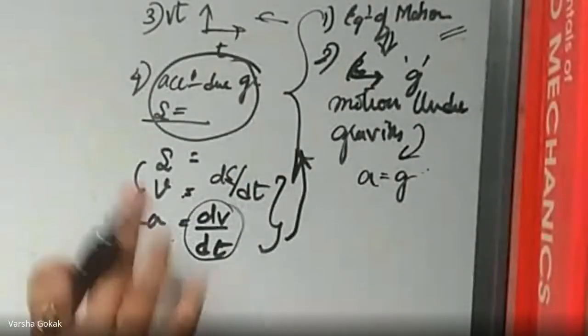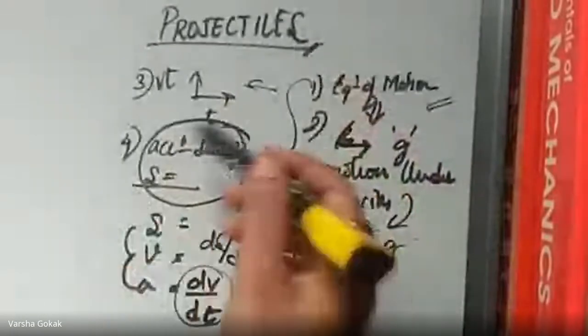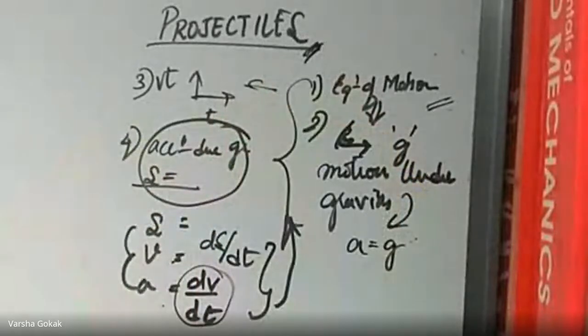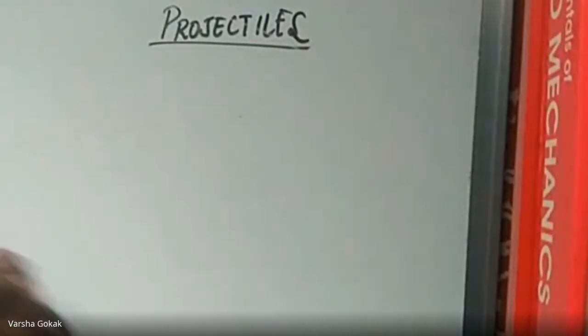Now today, after these three kinds of numericals with respect to different parameters, we will be starting with projectiles. Okay. So what is a projectile? Anyone? You can answer.